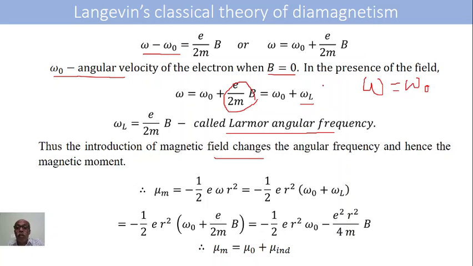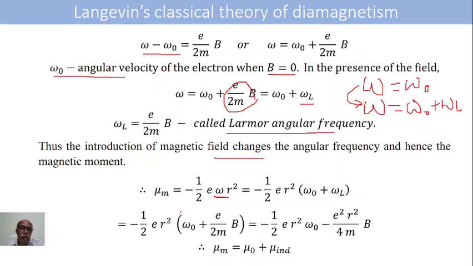When B is not equal to 0, omega will be equal to omega naught plus omega L. When a magnetic field is applied, this is the total angular frequency. Hence, due to the application of magnetic field, the angular velocity changes from omega naught to this. Hence, magnetic moment also changes because magnetic moment depends on angular velocity, omega.